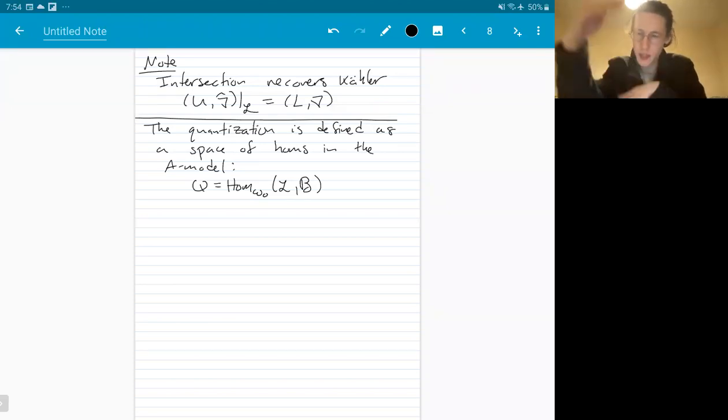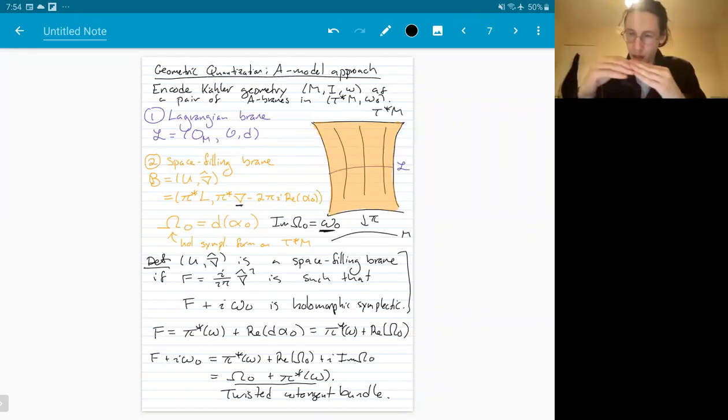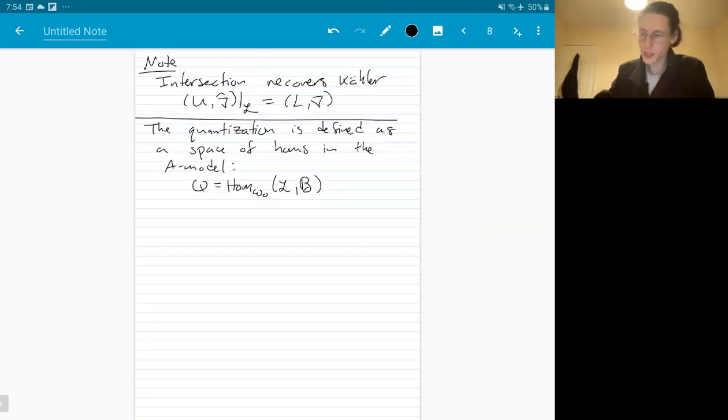So it is embedded inside of a holomorphic symplectic manifold of twice the dimension, embedded in the same way as we have here, where it's Lagrangian for the imaginary part. So in this picture, you get the same thing. You have a Lagrangian brane and a space-filling brane, and they say that the geometric quantization should be given in this way.